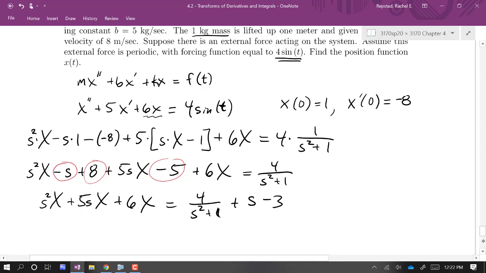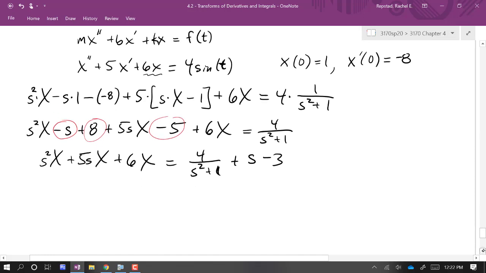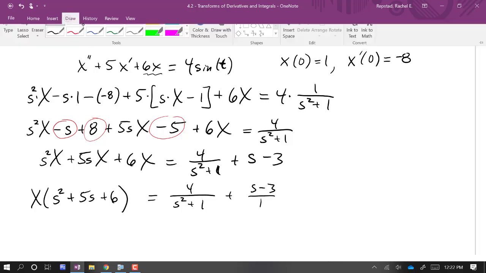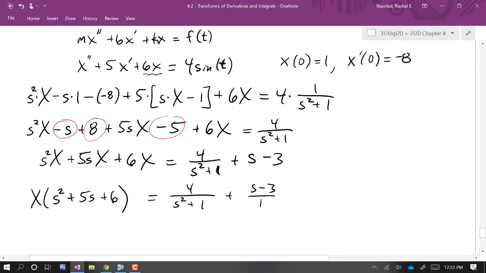Going to factor out an X on the left side. And then I'm going to divide by s squared plus 5s plus 6 on both sides. Now note that s squared plus 5s plus 6 will factor.